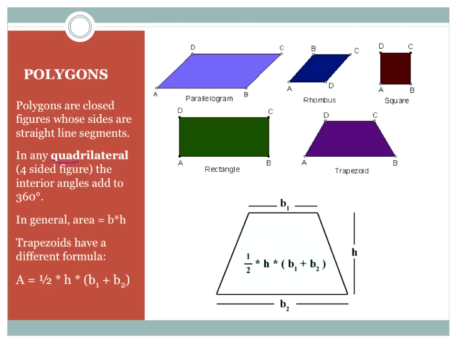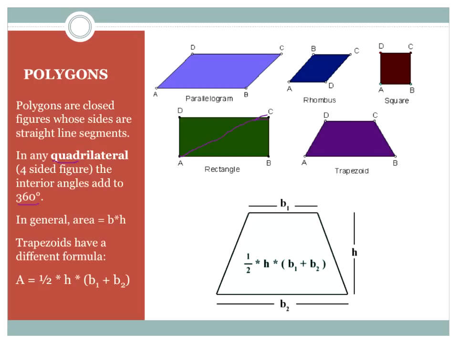And that should make sense to us because when we had a triangle, half of a polygon here, that added up to 180. So if we double those angle measures, we have two triangles put together there, we do get 360 degrees. Now, in general, the area of any quadrilateral is base times height.